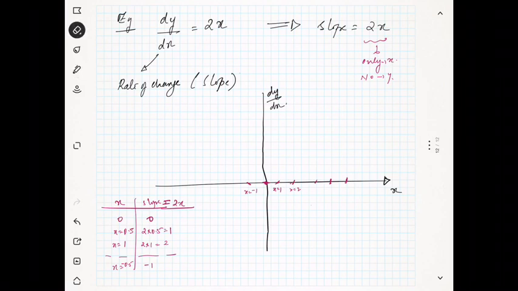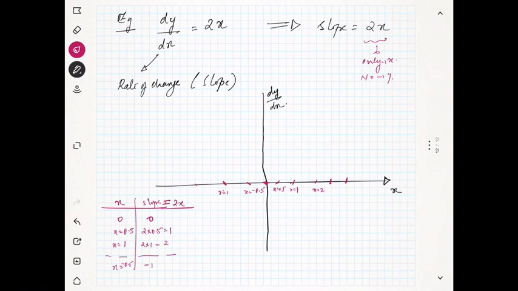Okay, I have made a mistake here. This is x is equal to 0.5. This is x is equal to 1. Maybe this is x is equal to 2. So this is x is equal to minus 0.5. Now at x is equal to minus 1, you are getting more slope, right?